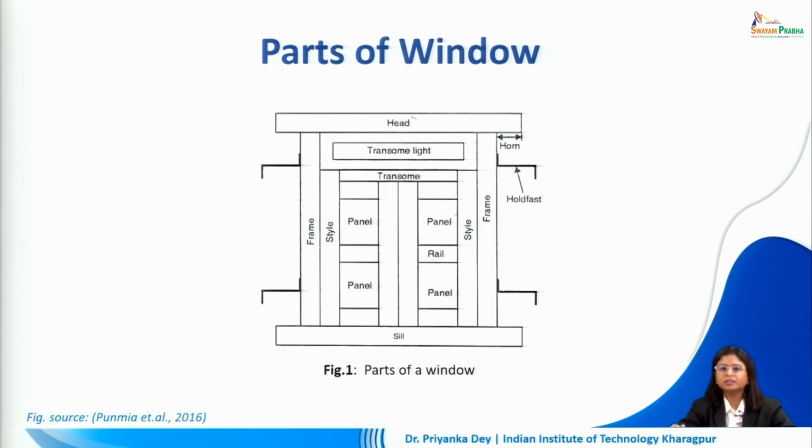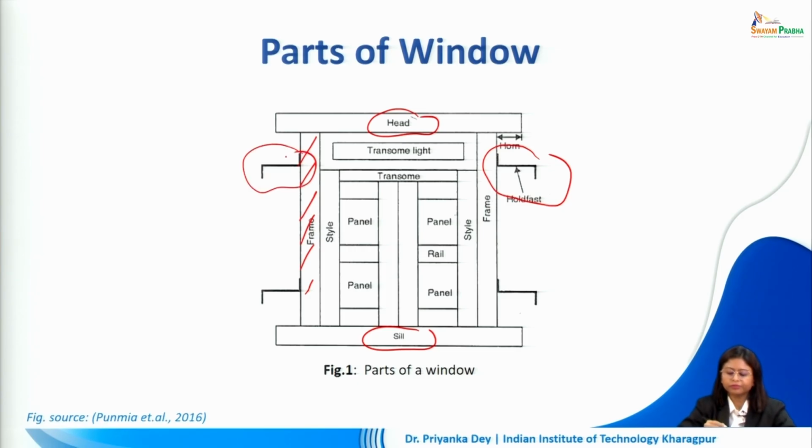So these are the component parts. We can have the head of a window, the sill, and within this we can have the framework like so. This frame is fixed into the wall with the help of holdfasts. In a door we required 6 holdfasts, here we are requiring 2 to 4.